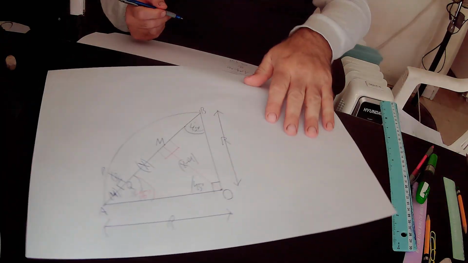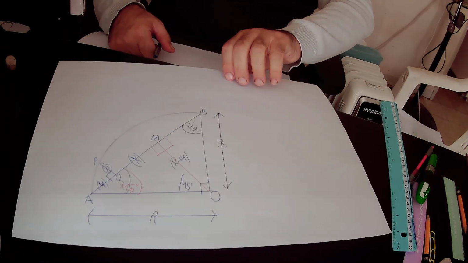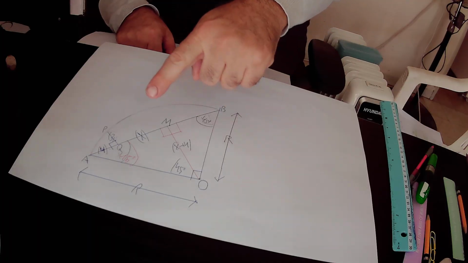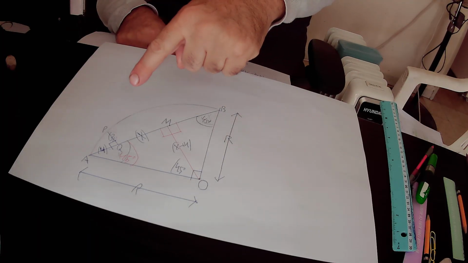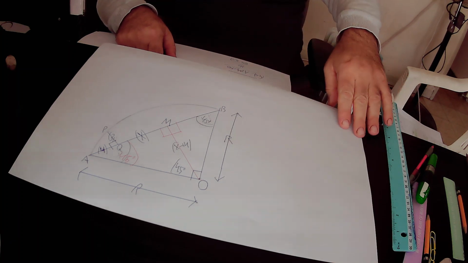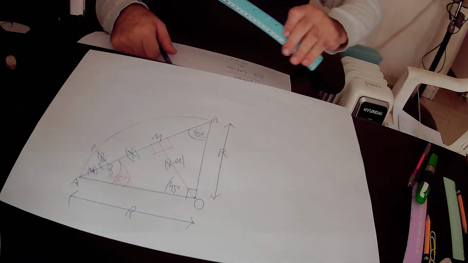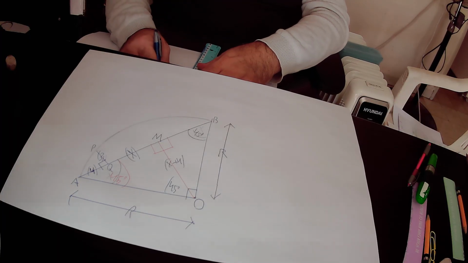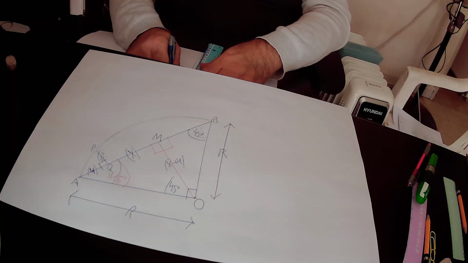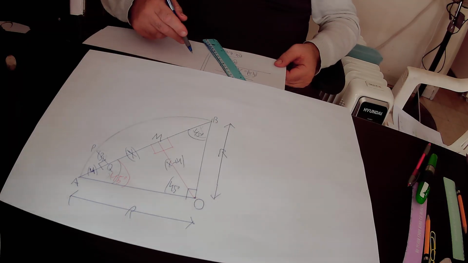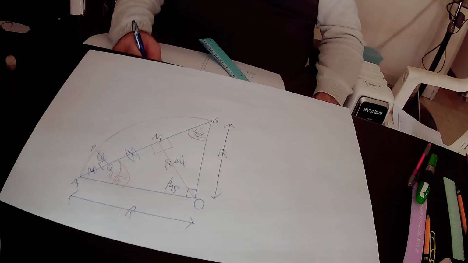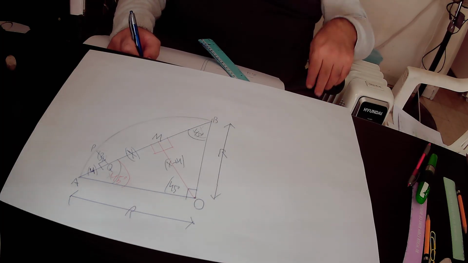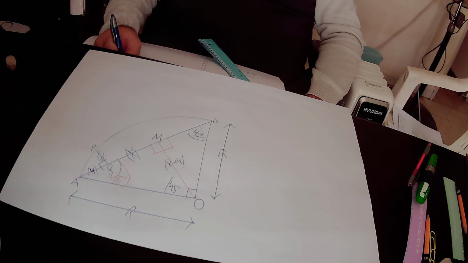The next step, we will implement the Pythagoras theorem on this right and isosceles triangle, triangle AMO. Here PT is short for Pythagoras theorem.